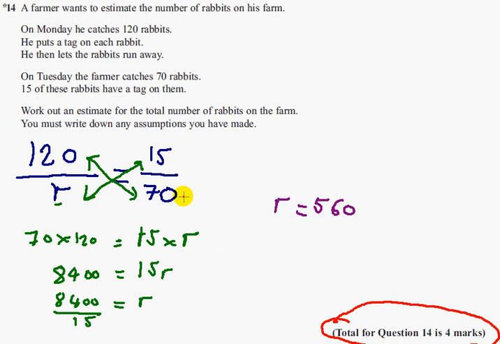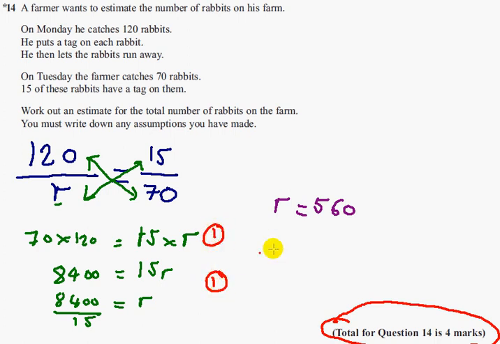So, the first method mark comes from seeing this 15 over 70, or the fact that you've divided by 15 here. So if you have either of those, you're going to get 1 method mark. Now, all this is worth 2 method marks. Okay, so here there is worth 2 method marks. So I'm just going to write that in.